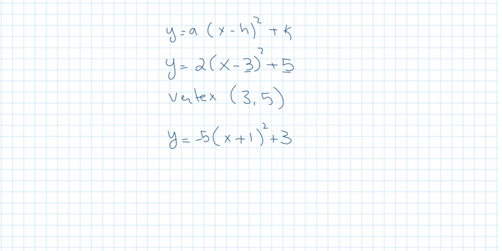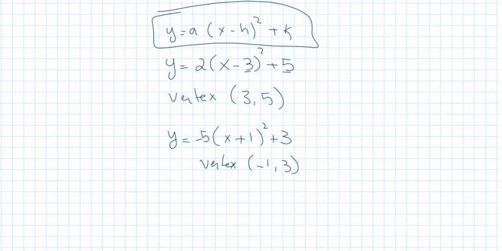So the vertex is negative 1, 3. Okay? Good. Now, what do we call this format again? Vertex form. It's called the vertex form because I know the vertex from it. When it's written in that format, we call that format the vertex form.